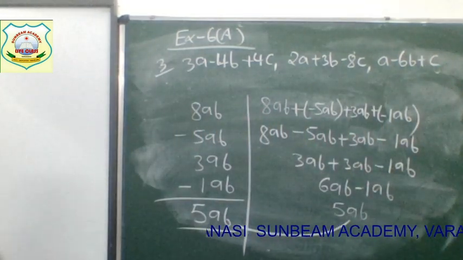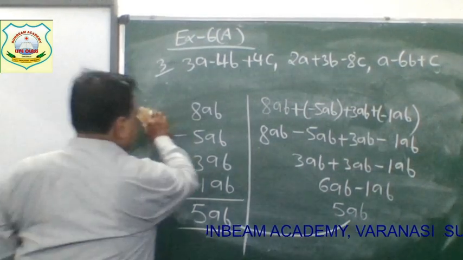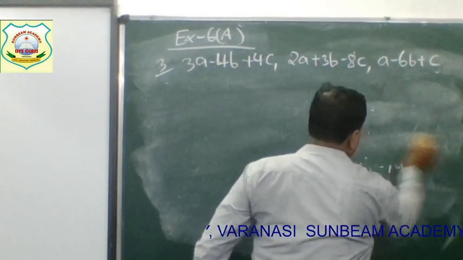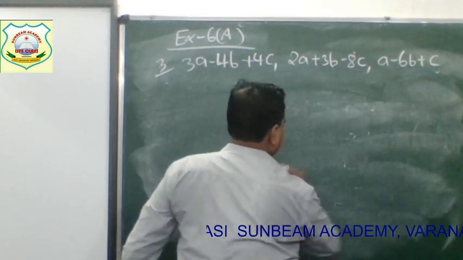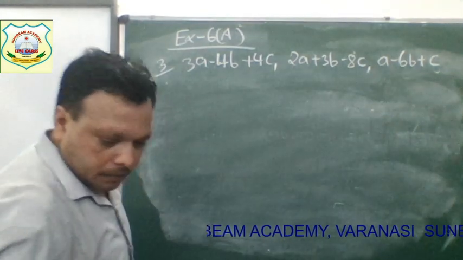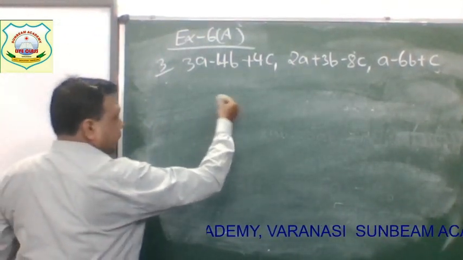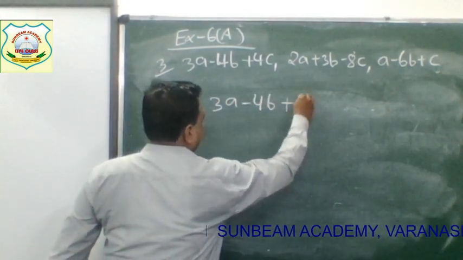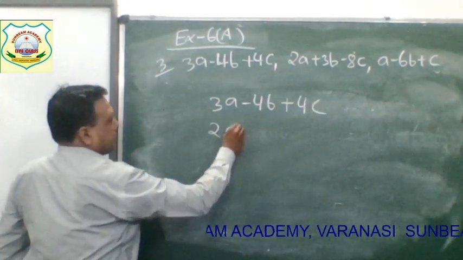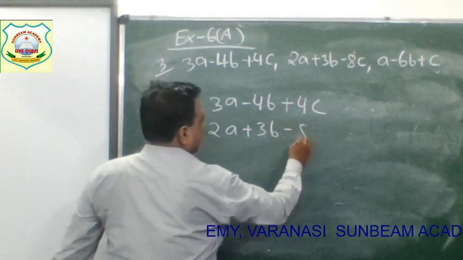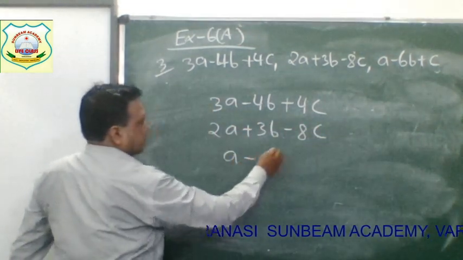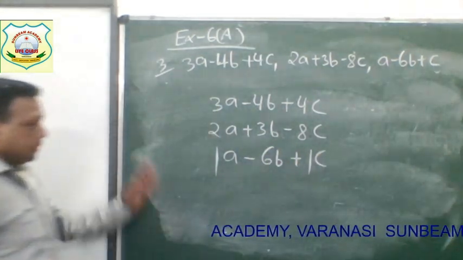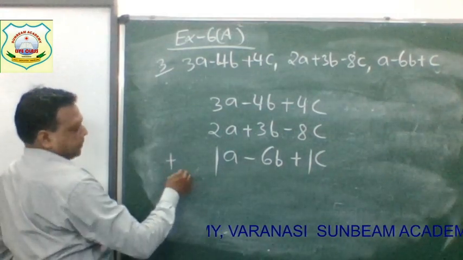Hope you have noted. Now I'm going to the vertical method. We are doing 3a minus 4b plus 4c, 2a plus 3b minus 8c, a minus 6b plus c, that is 1c and 1c. Okay, we want to add them.